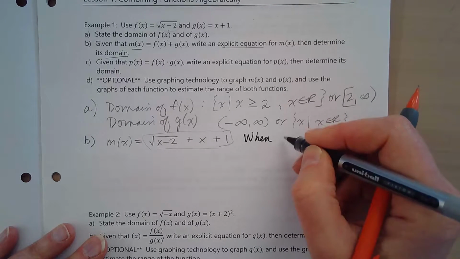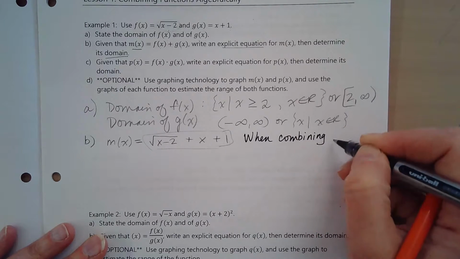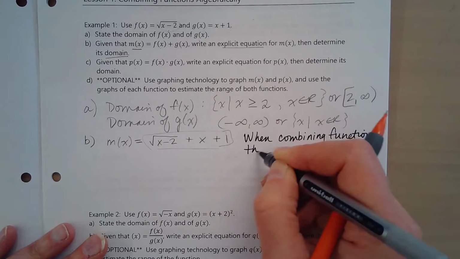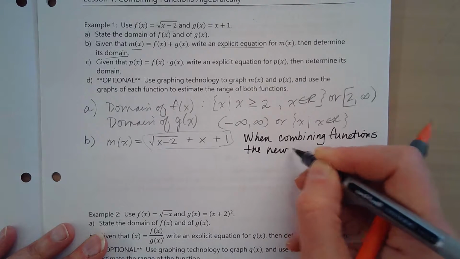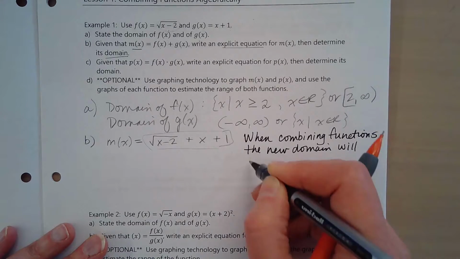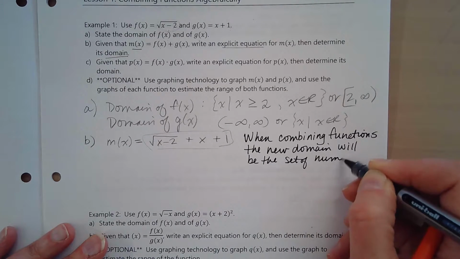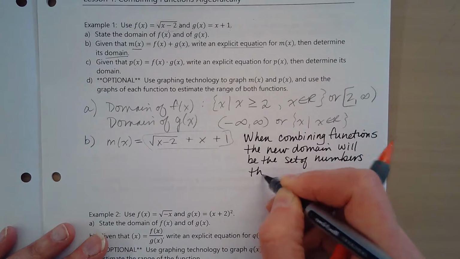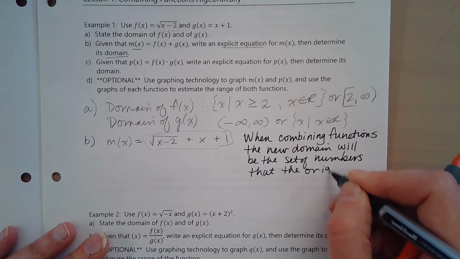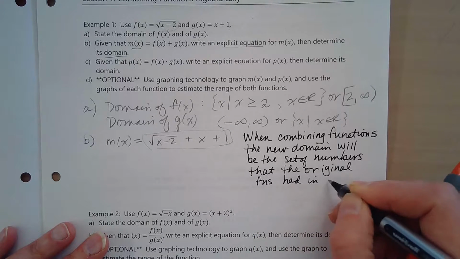When combining functions, the new domain, so the domain of the combined functions will be the set of numbers that the original functions had in common.